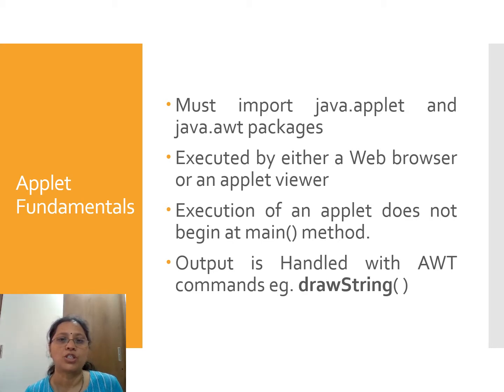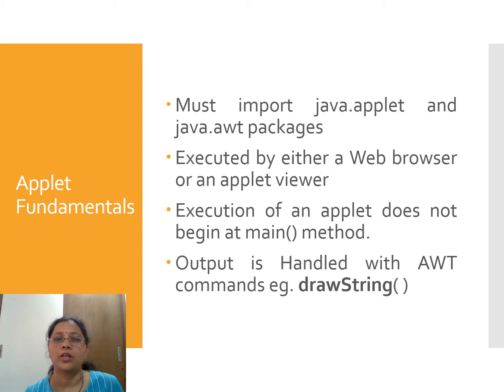One more question was asked on earlier slide: which is the method used to display output on screen. Up till now, the method that we have used is system.out.print or println.